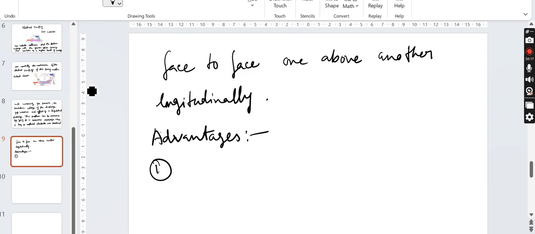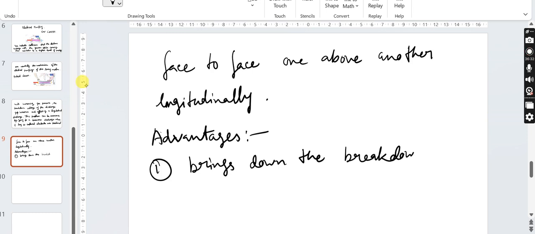Advantages for this arrangement: it brings down the breakdown voltage. Number two, the voltage requirement from the power supply also comes down.